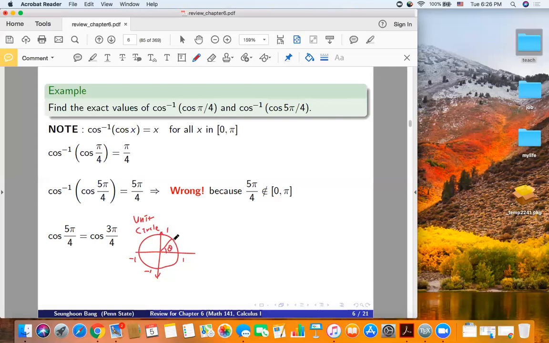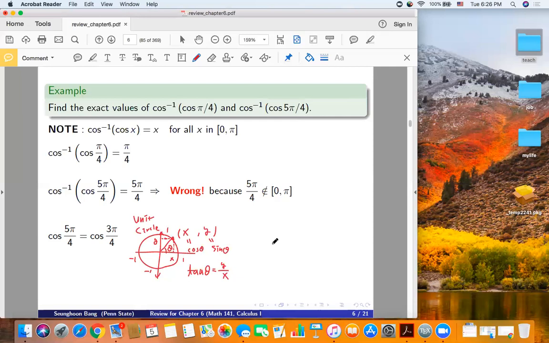This is angle theta, this is the x component, this is the y component. What is x? X is exactly the same as cosine theta in the unit circle. Y is sine theta. What is tangent theta? Tangent theta is y over x. This is the definition, I can use it.